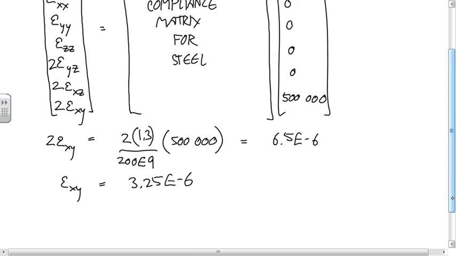Okay, so the next step is we can go from the strain to the displacement. We know that this strain is equal to 1/2 times the partial of ux with respect to y plus the partial of uy with respect to x.